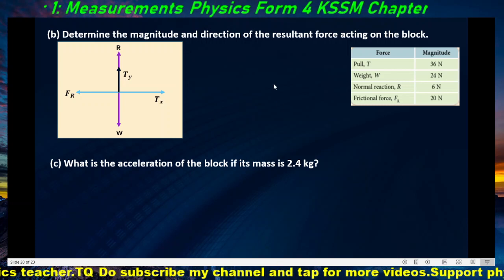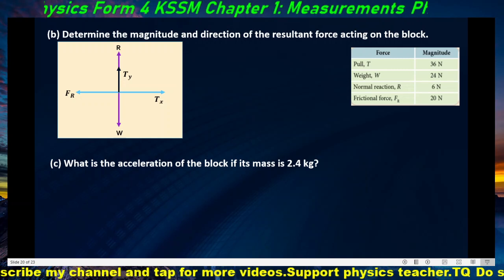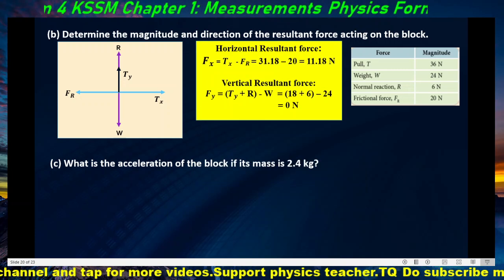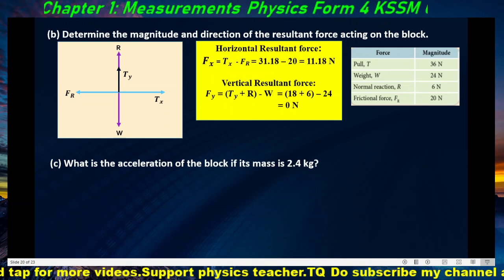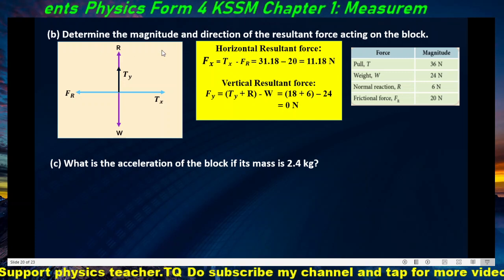Now we can calculate resultant force. The horizontal resultant force will cause the object to move horizontally to the right.